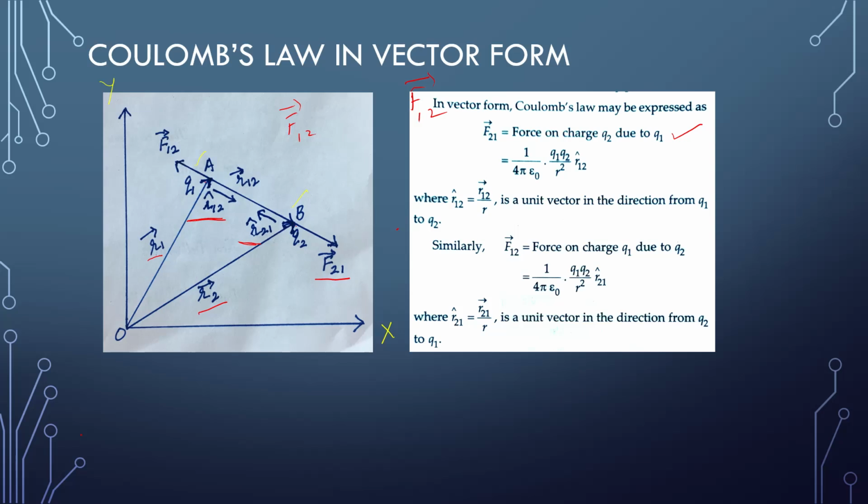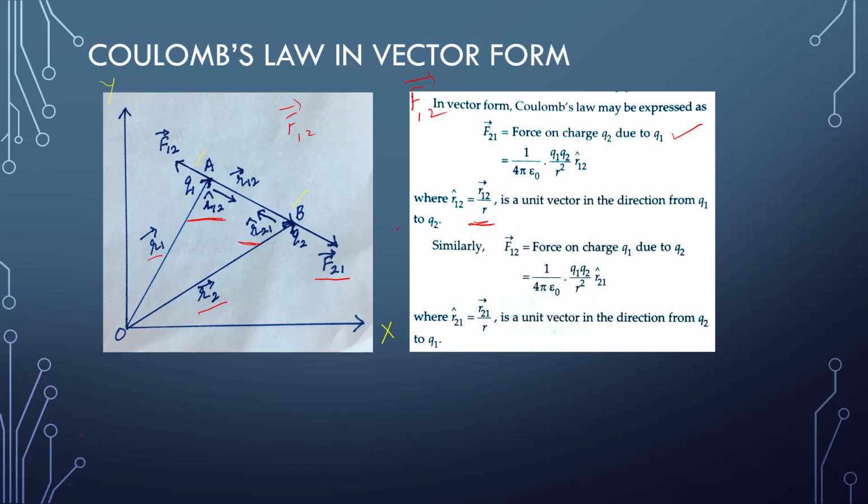So this unit vector directed from Q1 to Q2 is r cap 12. And what is r cap 12? In 11th standard we have learnt about unit vectors, and the definition of unit vector is the vector upon the magnitude of the vector, that is r12 vector upon r. It is the unit vector in the direction from Q1 to Q2.